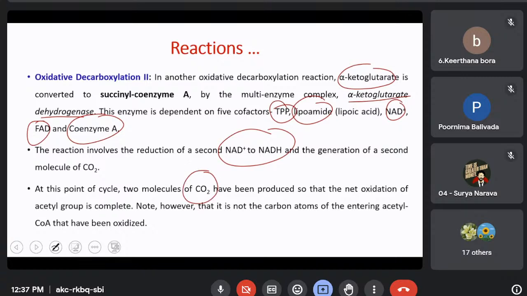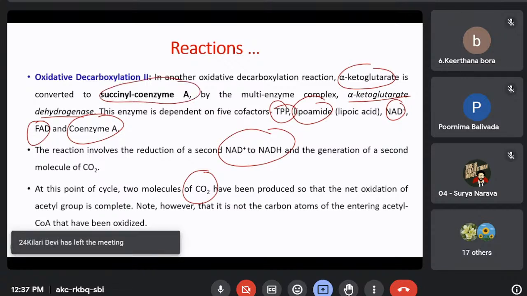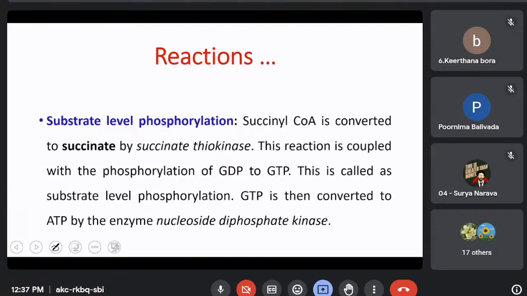Hence we call this oxidative decarboxylation 2, and the end product of this reaction is succinyl coenzyme A.